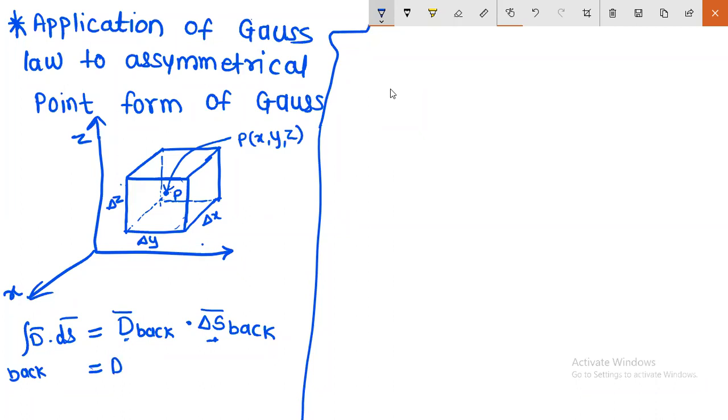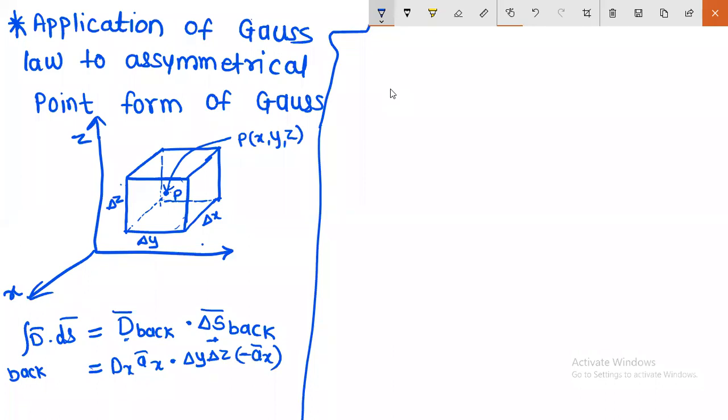So for dx, it is only dx into plus a bar x. But when we are going for the surface, that time it is considered as minus a bar x. Okay. So again here the differential surface area will be delta y and delta z, right? Horizontal and vertical side into unit vector a bar x. Okay.